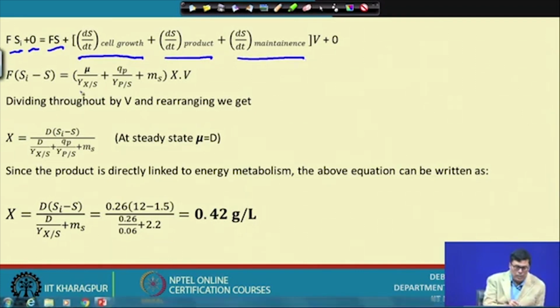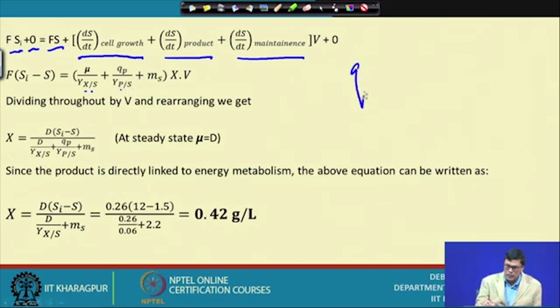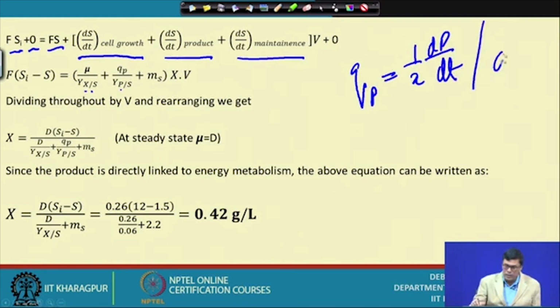So, this can be written as mu by Y X by S, qP by Y P by S. What is qP? I told you qP is the specific rate of product formation, dP by dt. Am I right? So, if you divide by dP by dS, then what you will get?